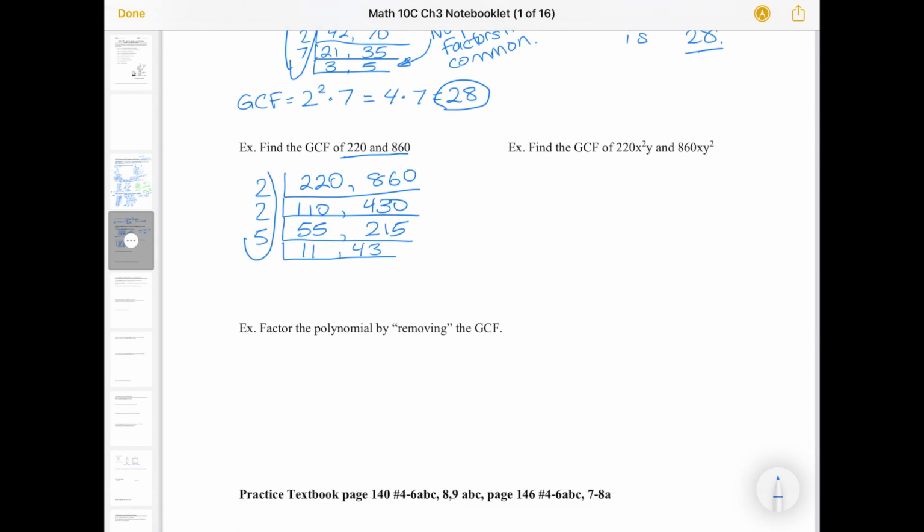My GCF is right along here. GCF is 2 squared times 5, which is 4 times 5, or just 20. So that would be my greatest common factor of 220 and 860.